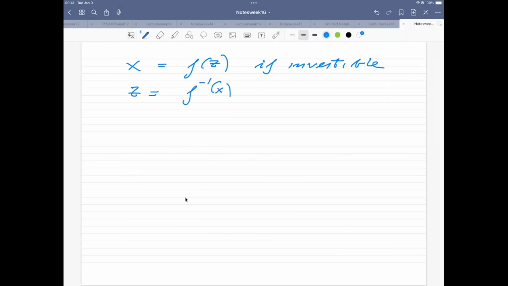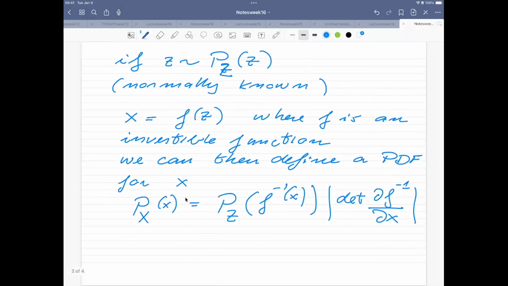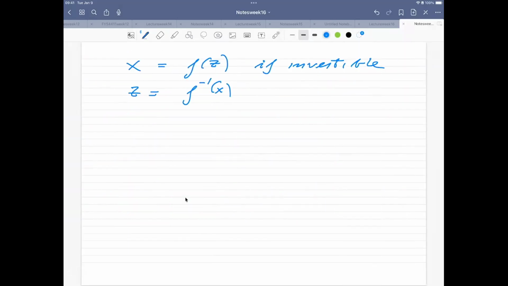And I will show you an explicit example which you probably have encountered before. So the basic rule which leads to the expression which you have here is the basic assumption that probability is conserved.